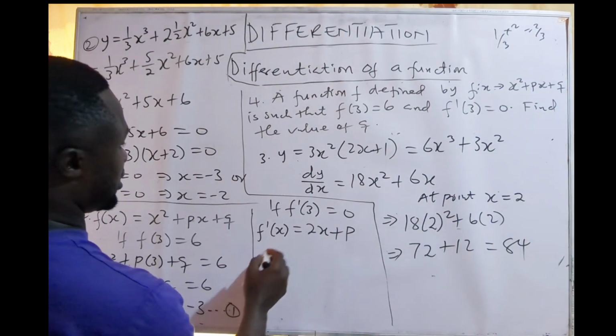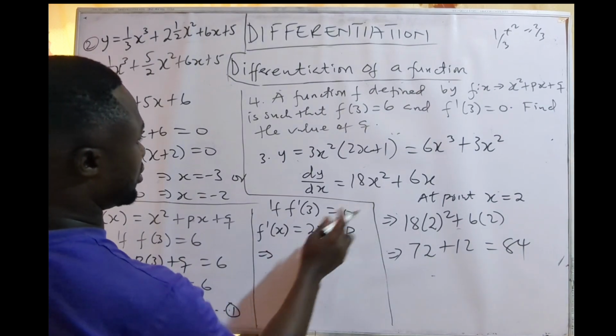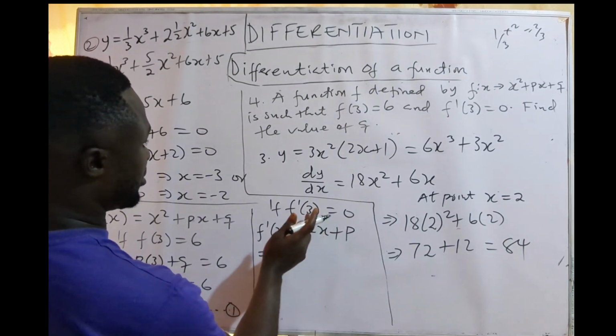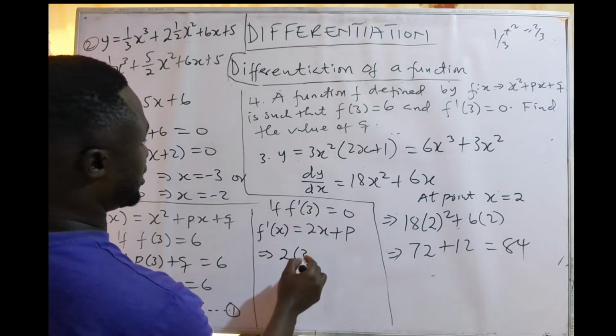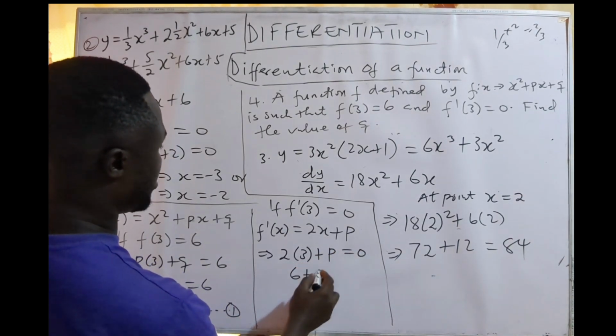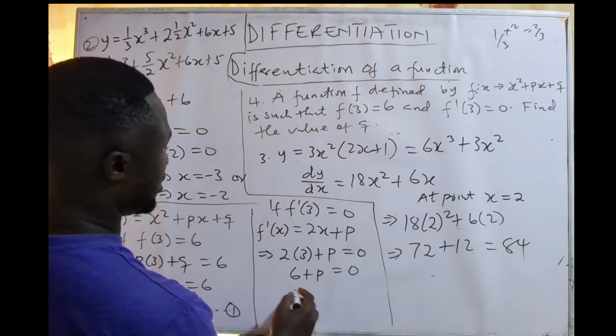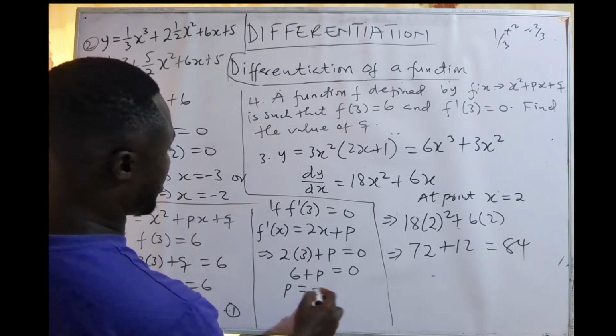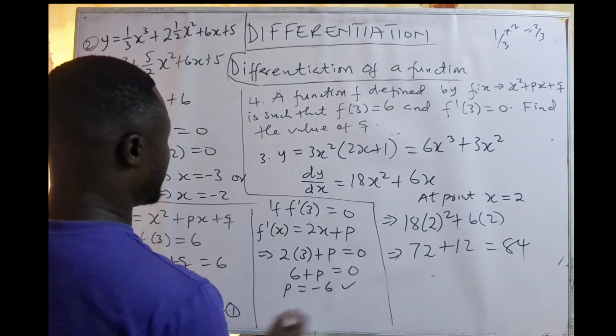It implies that 2 times 3 plus p will give me 0. 2 times 3 is 6, 6 plus p is equal to 0. So my p is negative 6.